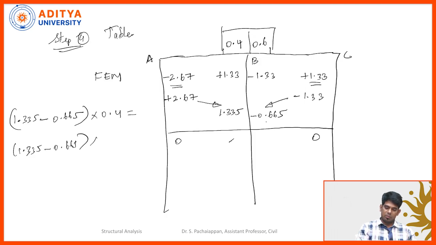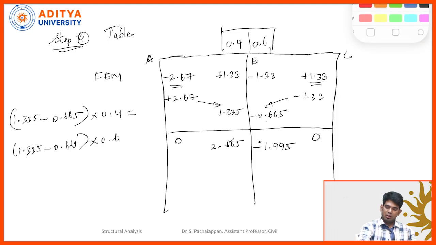The summation of this multiplied with the distribution factor 0.6, that I need to write it here. So if you do this operation, you will be getting 2.665 here and then here minus of 1.995. Okay. Before this, one step has to come.